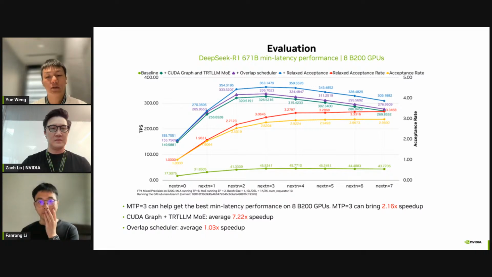There is a trade-off here. The improvement from CUDA graph and TRT-LLM MoE is significant, with an average speedup of over 7 times. This is a key setting. The overlap scheduler also brings a 3% performance improvement.